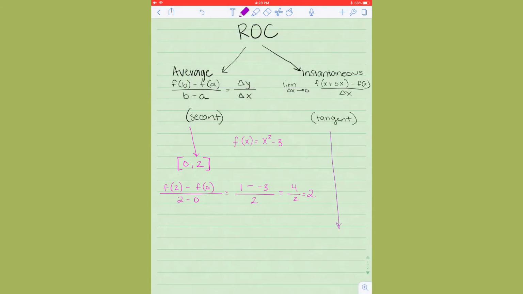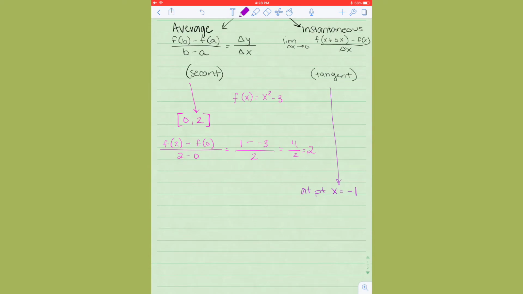I've done my average rate of change here in pink, and in purple I'm going to do the same problem with instantaneous rate of change, but I'm going to look at a point, the point x equals negative 1. When I think about instantaneous rate of change, because I'm using my limit definition, this is just telling us to find our derivative. So I need to find f prime.